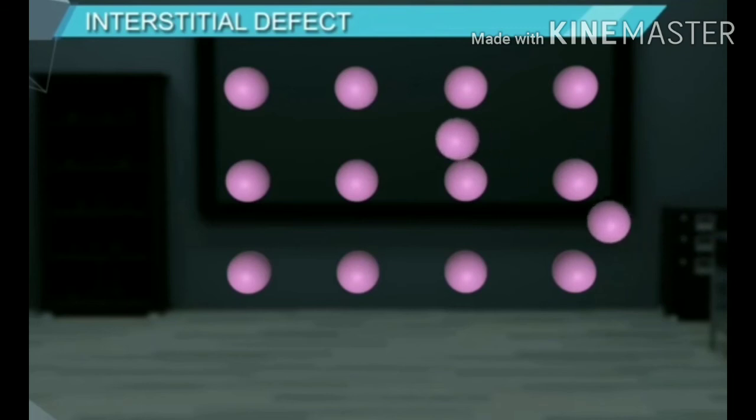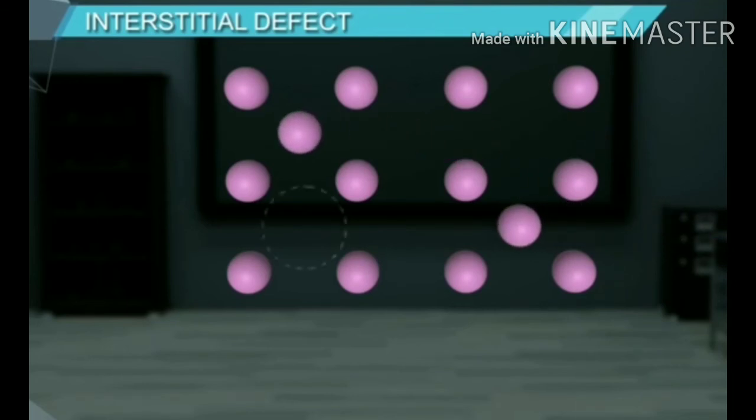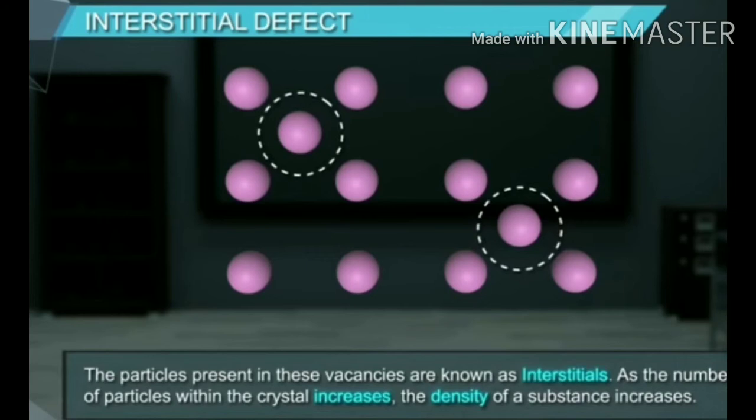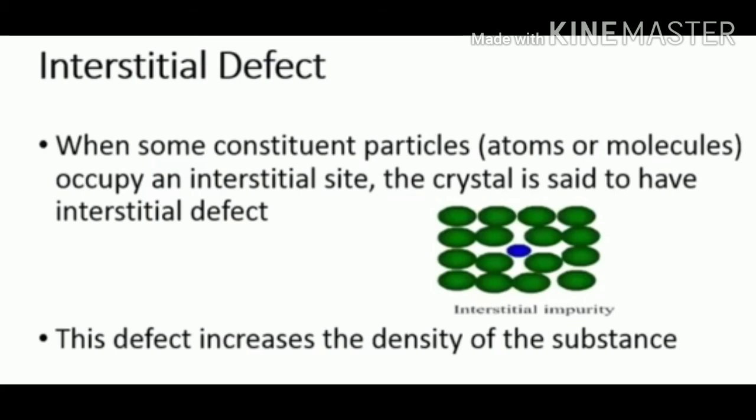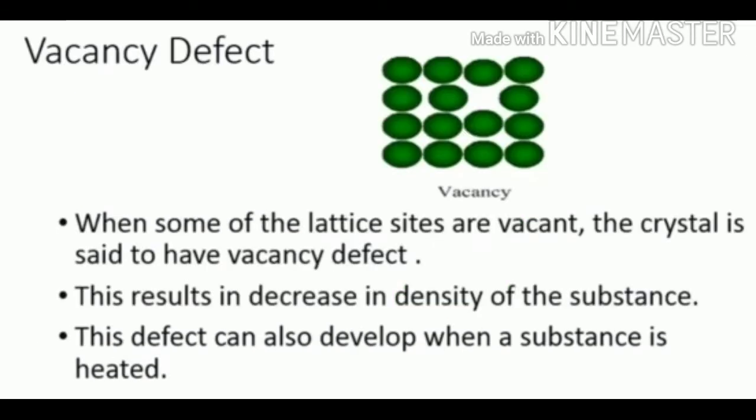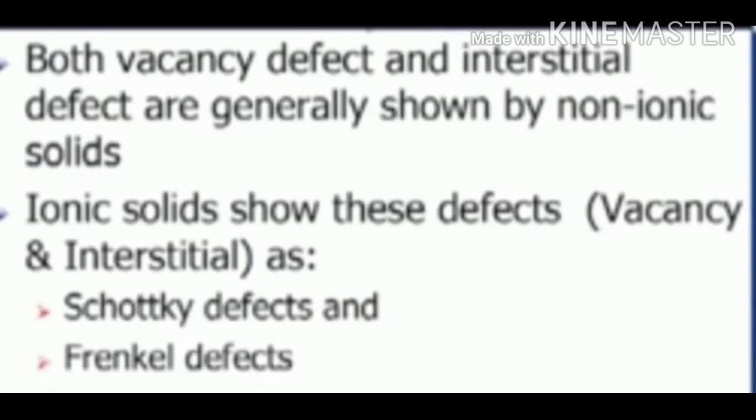These vacant spaces are called interstitial sites. As the number of particles in the interstitial position increases, the density of the crystal also increases. Therefore, interstitial defects increase the density of the substance, while vacancy defects decrease the density of the crystal.